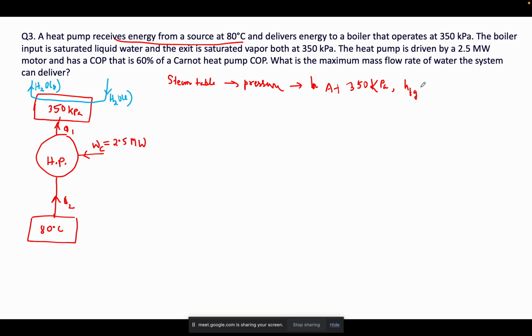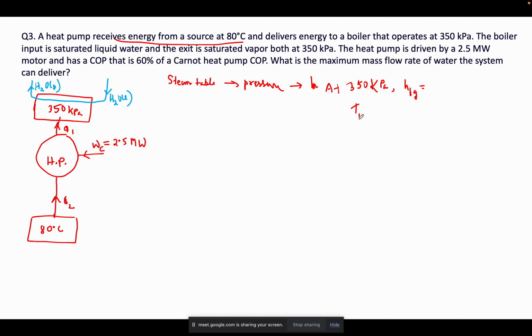We need to check hfg. One more thing: since the actual COP is related to the Carnot heat pump COP, and the Carnot heat pump COP requires the temperature of both the low temperature reservoir and the high temperature reservoir. We know the temperature of the low temperature reservoir. What will be the temperature of the high temperature reservoir?